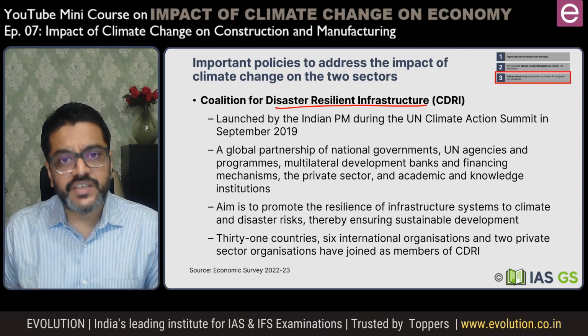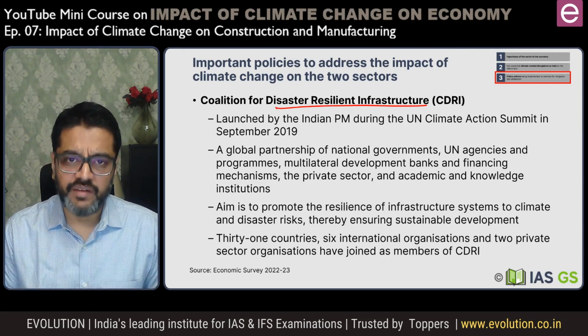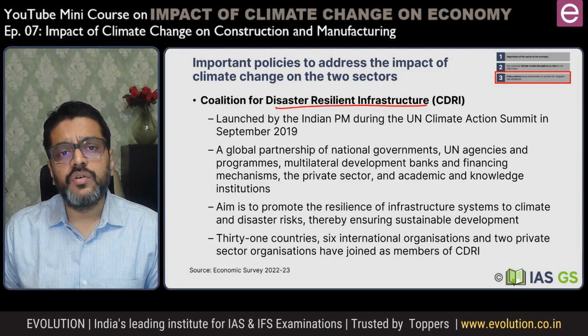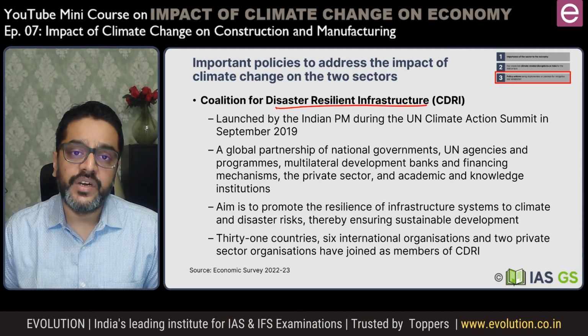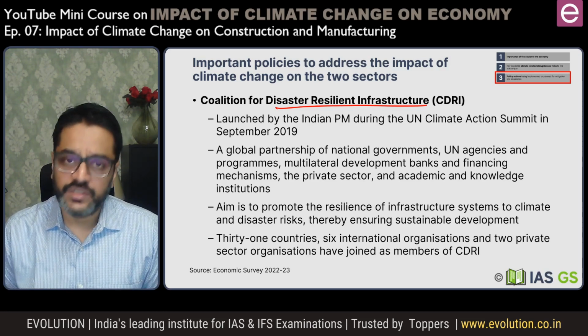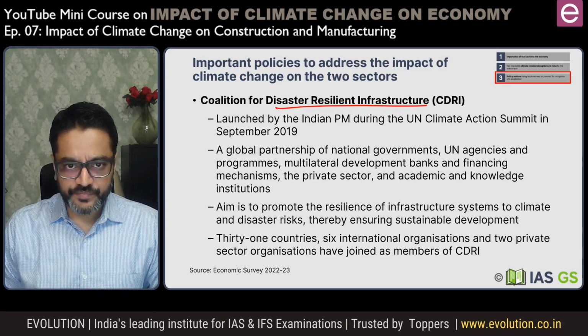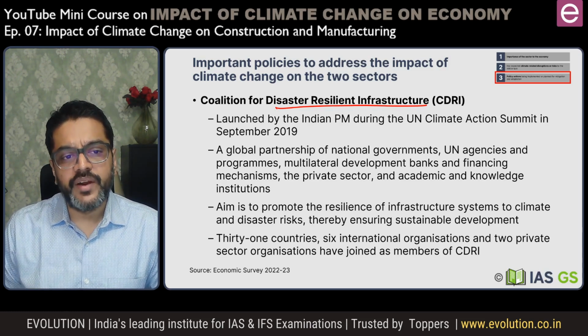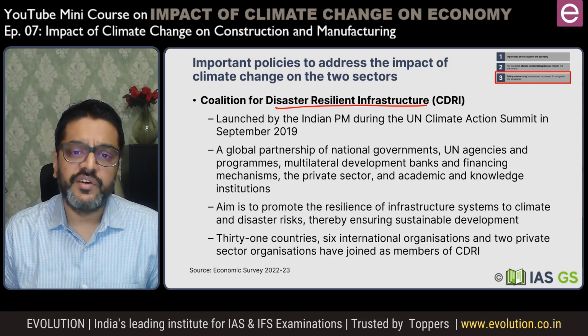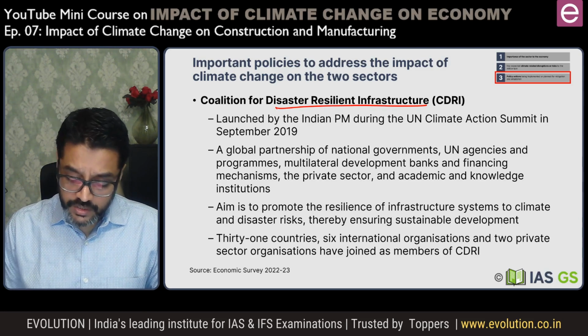So it can withstand such events in a much better way. And the second is that we want to construct in a way that reduces the carbon footprint or emissions from the construction process itself, right? So these two objectives are sought to be met through this Coalition for Disaster Resilient Infrastructure.